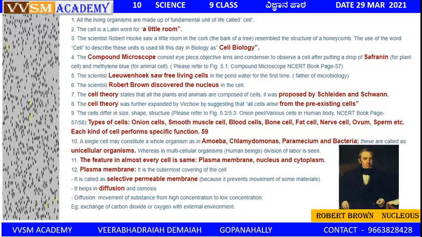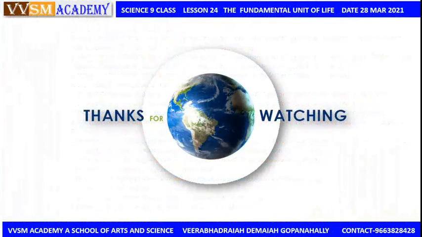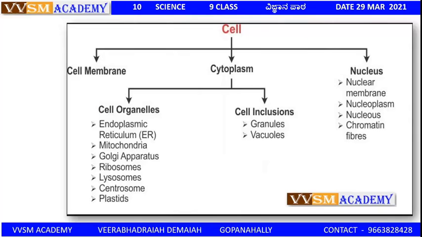Then compound microscopes and simple microscopes help us to know the components of the cell. Well, a cell consists of three main important parts: cell membrane, cytoplasm, nucleus.